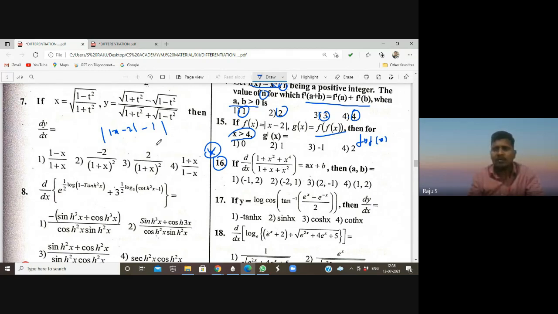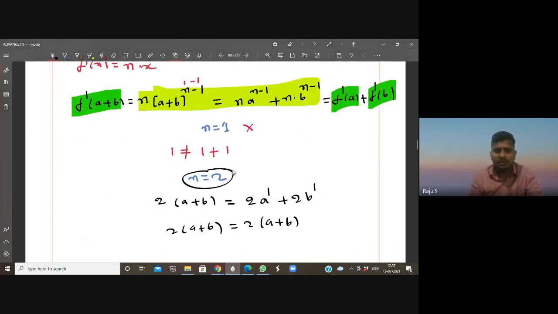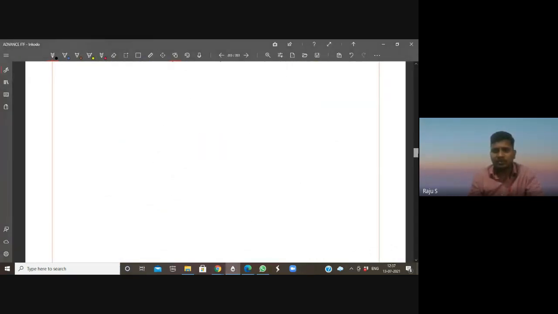We may differentiate this after expanding. The domain for x, they have clearly given as x greater than 4. So what about modulus of x minus 2?